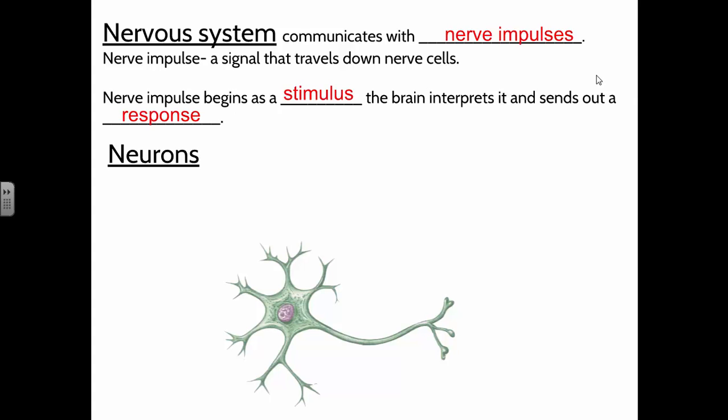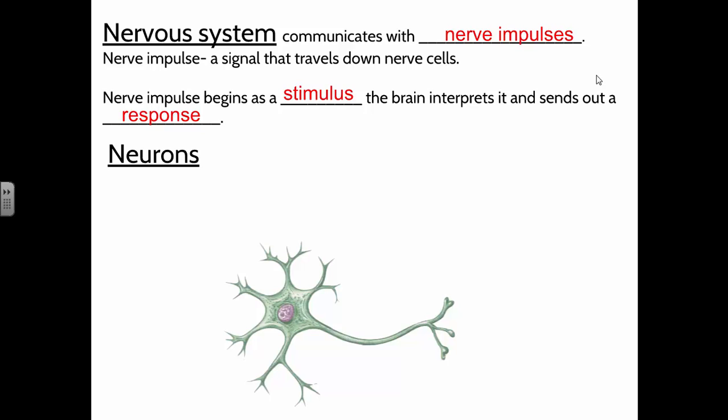So I know we already did this slide yesterday, but just to bring us back to what we were talking about. So we know the parts of our nervous system: our brain, spinal cord, nerves, sensory receptors like our eyes, our sense of touch.